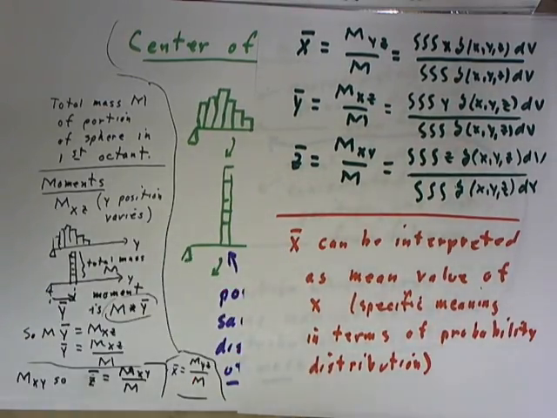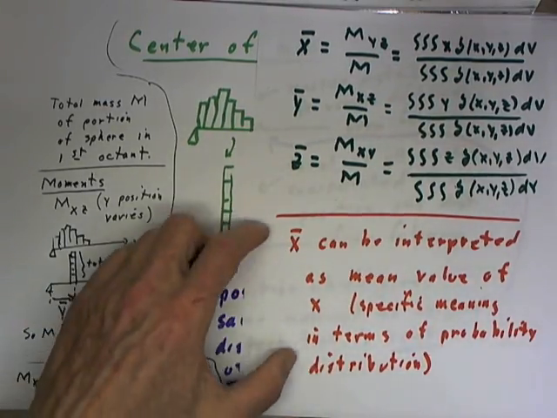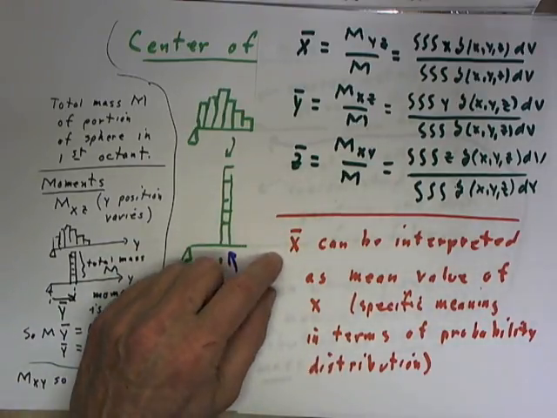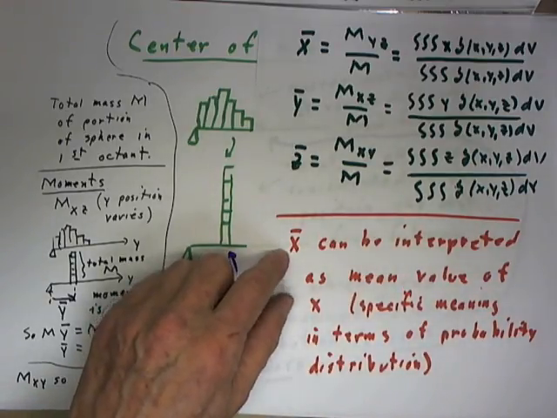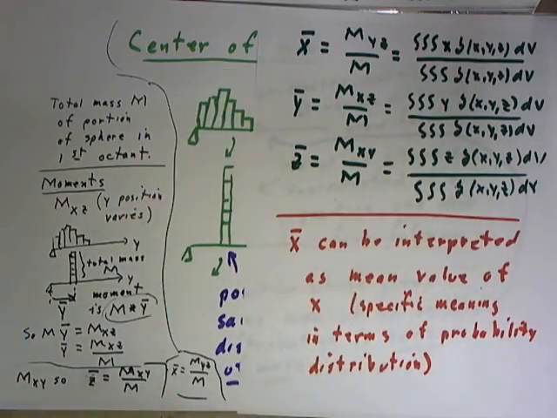Something you might well have seen in a first-year physics class where it applies to a distribution with respect to one variable. We can have probability distributions with respect to more than one variable.